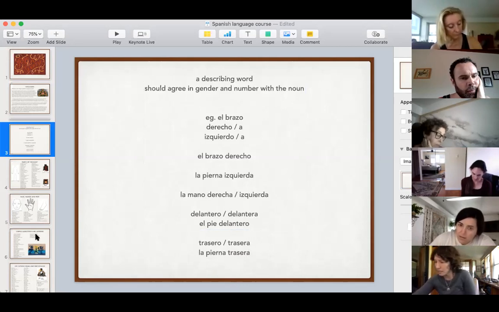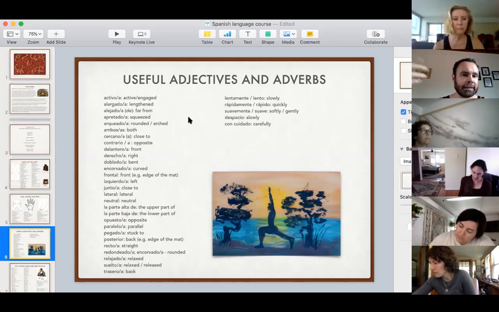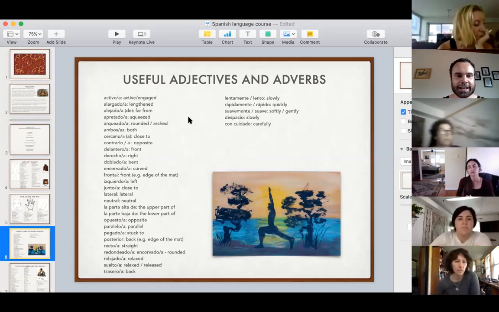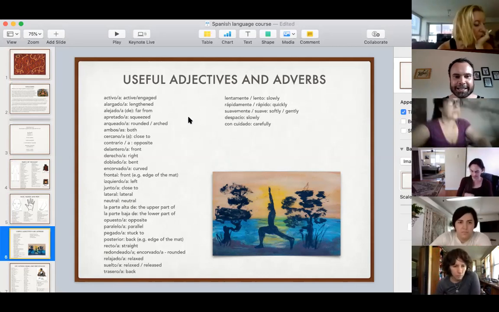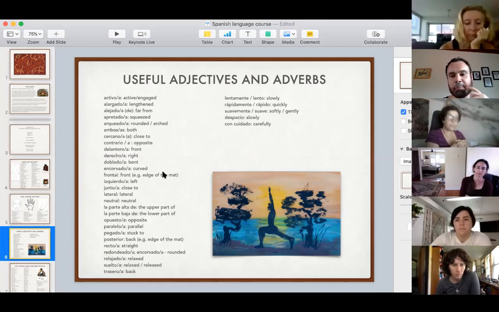So we have a lot of useful adjectives here, and I've got them in your handout. You'll see activo, alargado, alejado, apretado, arqueado, cercano, contrario, delantero, derecho, doblado, encorvado, frontal, izquierdo, and so on. There's tons of words there that can help us practice.